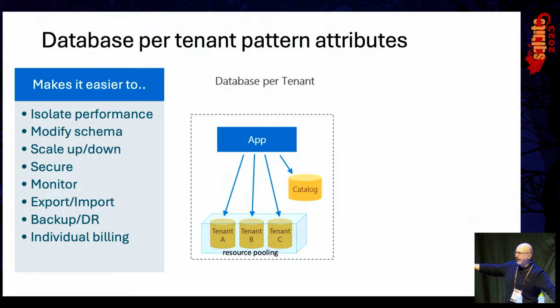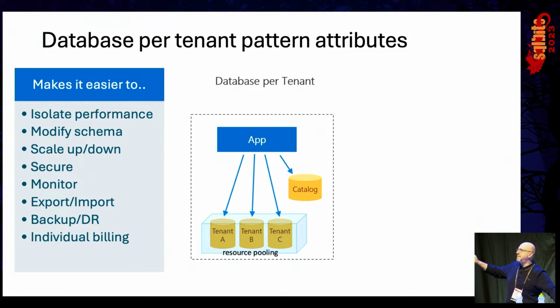I can modify schema for one tenant without impacting the others if my application has this particular need. I can scale individual tenants down or up depending on their needs. I can actually also move potentially a database out of a pool and make it an isolated database if, again, that customer is super important or is using my application heavily and so on.